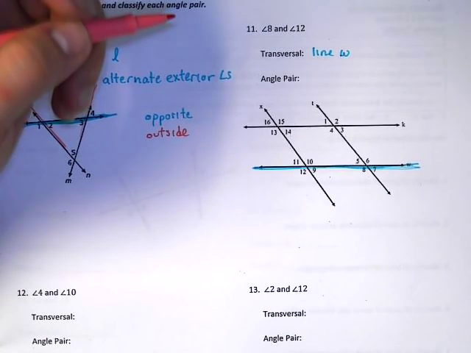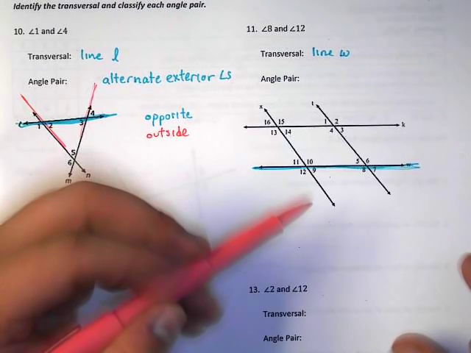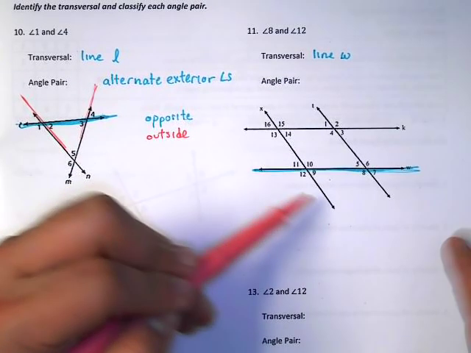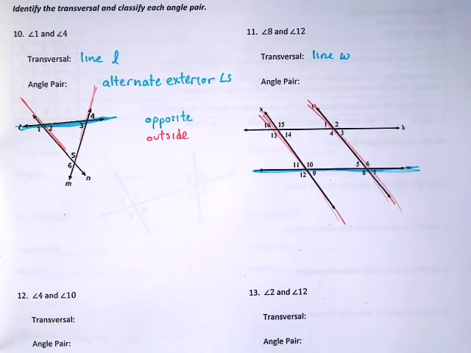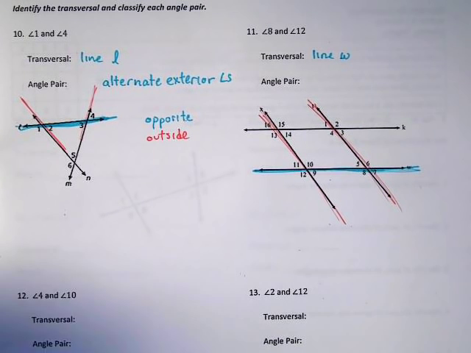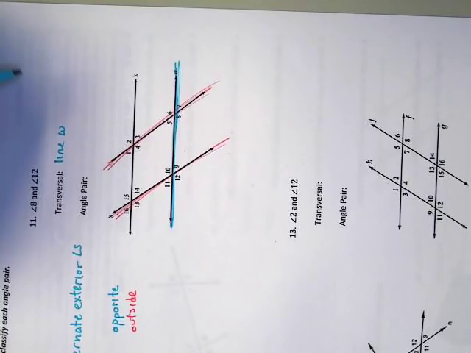Remember the transversal has to cross two lines. So my other two lines that this transversal is crossing are these lines. Why do I care about that? Well, that's going to help me understand direction and position and whatnot, okay? So when I turn again, I see 8 and 12 are on the same side of the transversal.